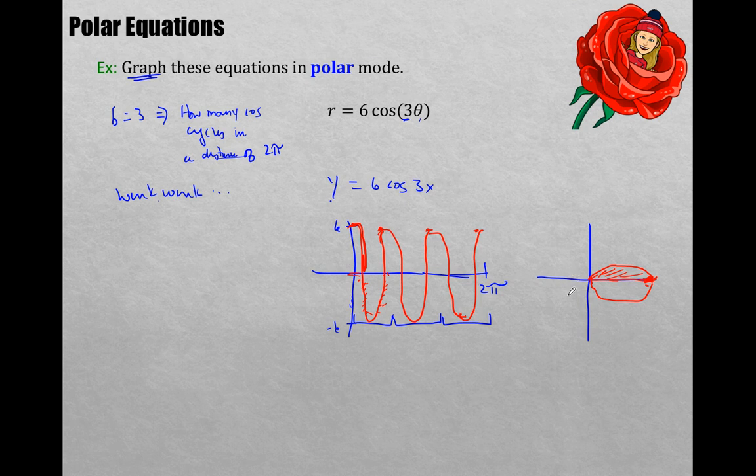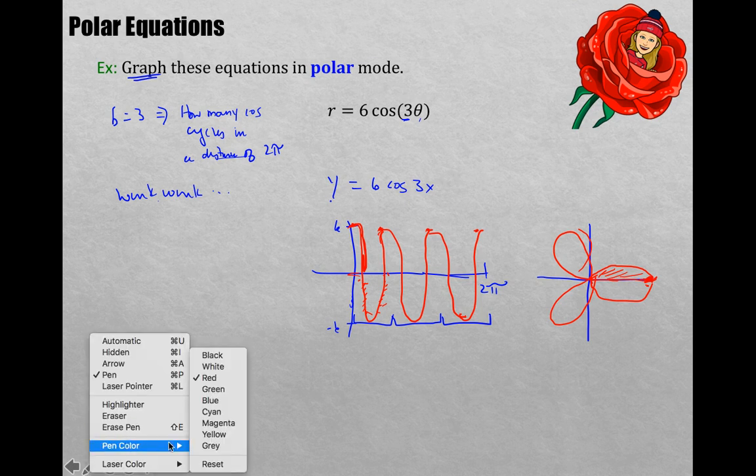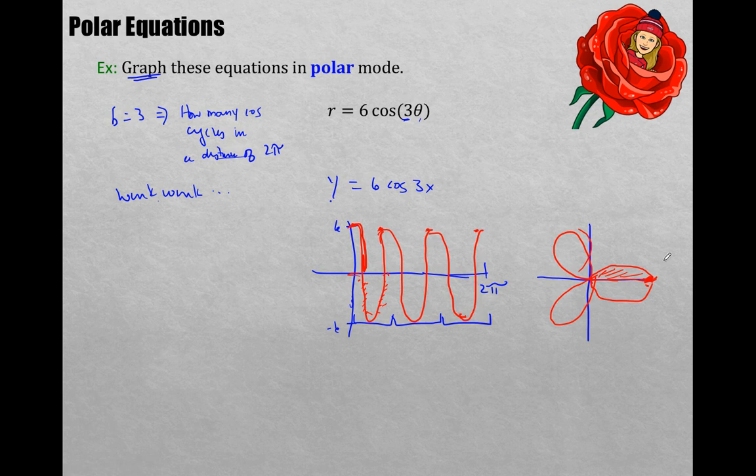What ends up happening? Can you see what this looks like? Have you put this into your calculator yet and looked at it? This actually looks like that. And I kind of oversimplified the situation. You don't actually trace it that way.